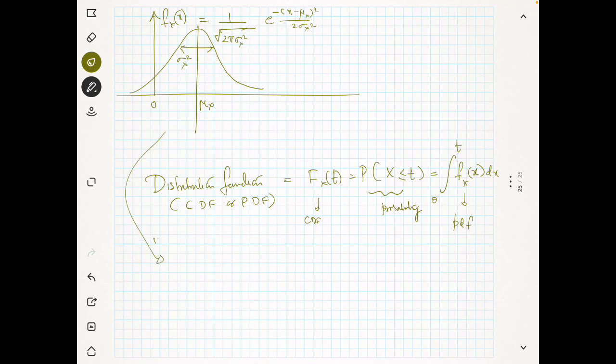You have the variable t, and f x of t starts from minus infinity and goes to plus infinity. You are finding the area from minus infinity to plus infinity. If you integrate f x of x for all values of x, from minus infinity to infinity, f x of x dx will always be 1.